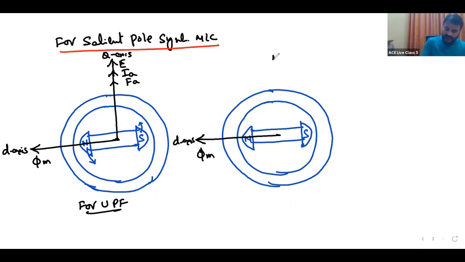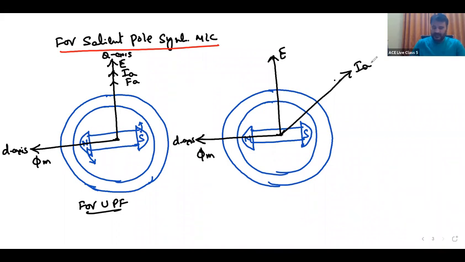The induced EMF E is along the Q axis. For 0.8 lagging power factor, this is IA, then this is going to be FA, and this is the psi. Of course, the power factor angle phi is the angle between V and IA. To identify armature reaction, I am taking the internal power factor angle between E and IA.